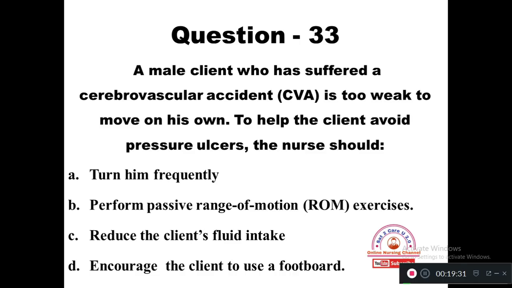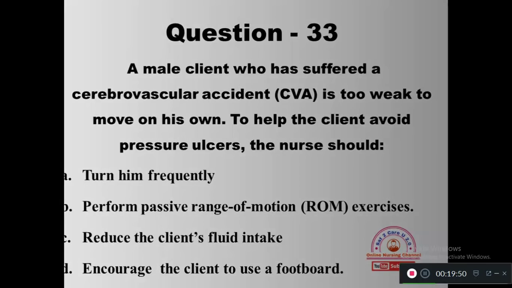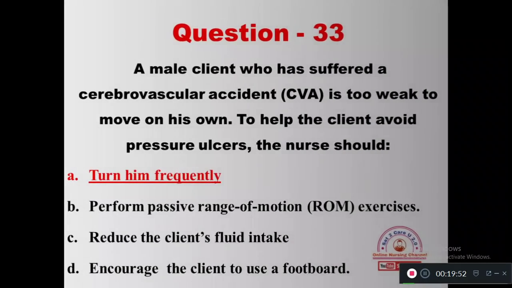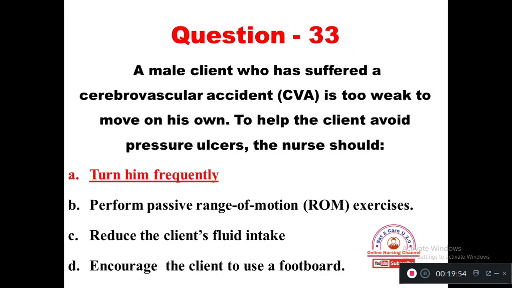Option B, perform passive range of motion exercises. Option C, reduce the client's fluid intake. Option D, encourage the client to use a footboard. So in order to avoid pressure ulcers, the nurse should turn the patient frequently, every 2 hours.